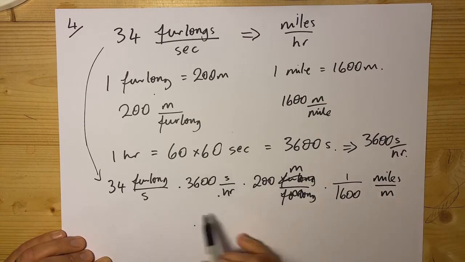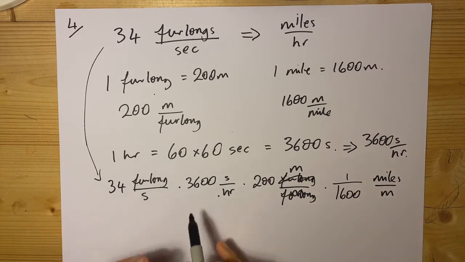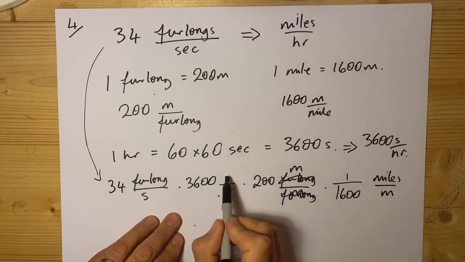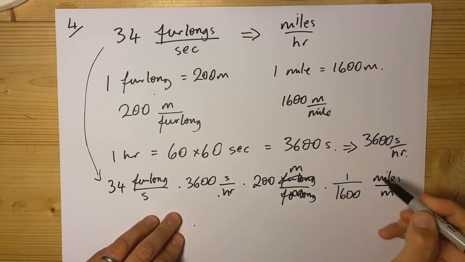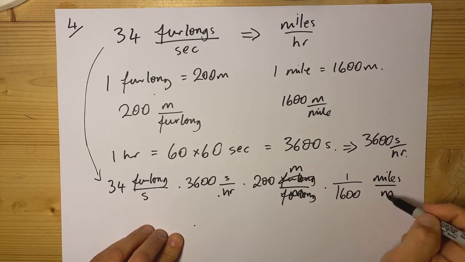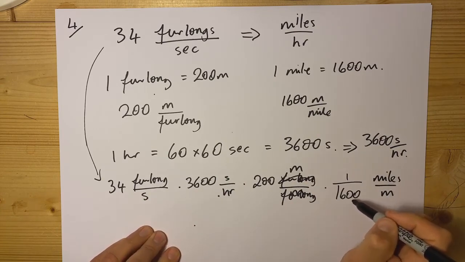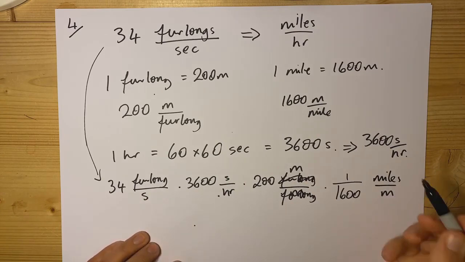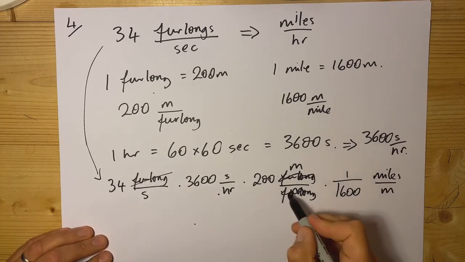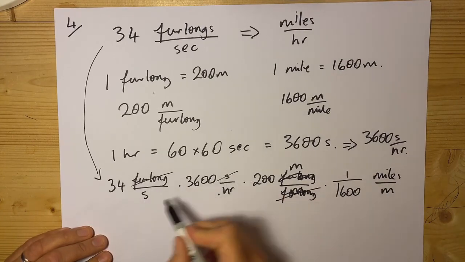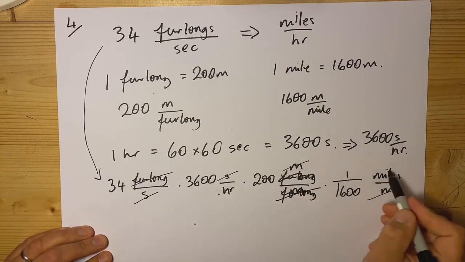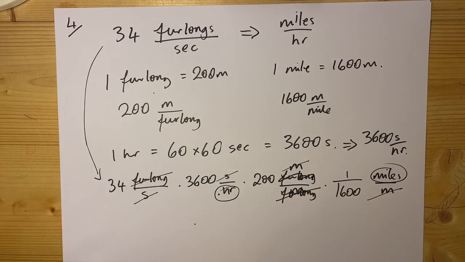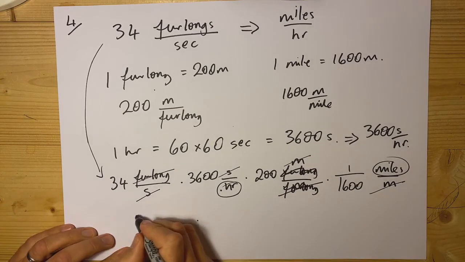We just think about some of these conversion units. They hopefully make sense. 3,600 seconds in an hour. 1 over 1600 miles in a meter. So 1 meter is 1/1600th of a mile. That's the way of saying it. Okay, so furlongs cancel out with furlongs, seconds cancel out with seconds, and meters cancel out with meters, and we're just left with miles per hour. So we know that when we go through and do this sum, we're going to end up with the right units. So let's write that out down here.